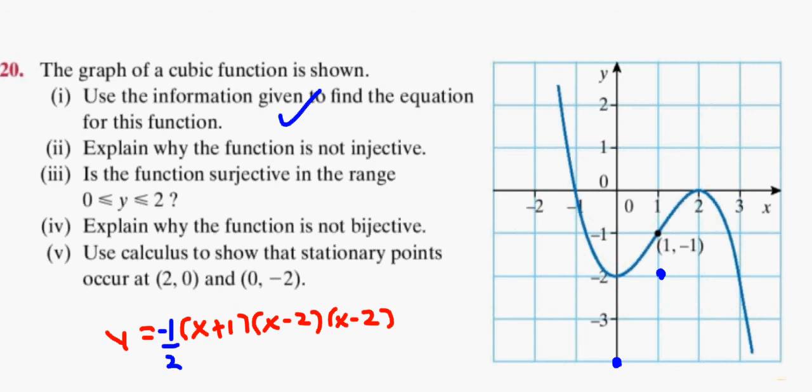Is the function surjective in the range 0 to 2 for the y values? Now let's highlight 0 to 2 for us here, okay? 0 to 2. There's 2, and that's all the way to 0. Is that surjective? Yeah.